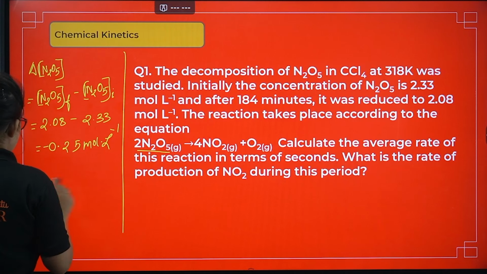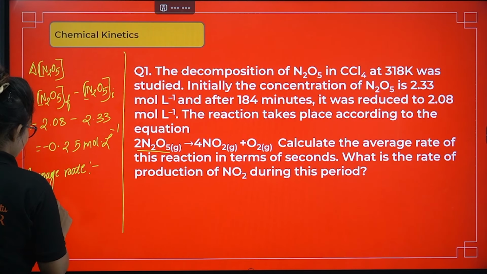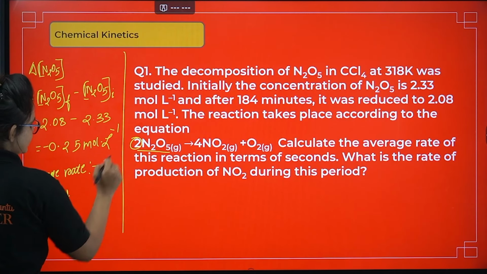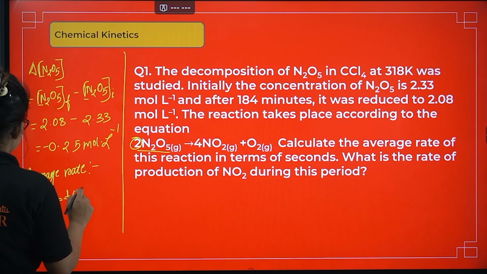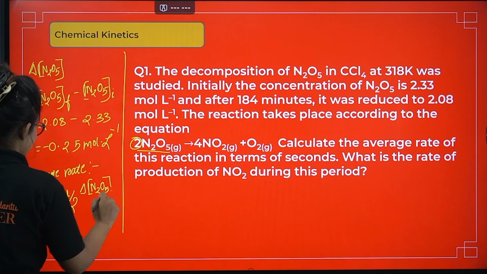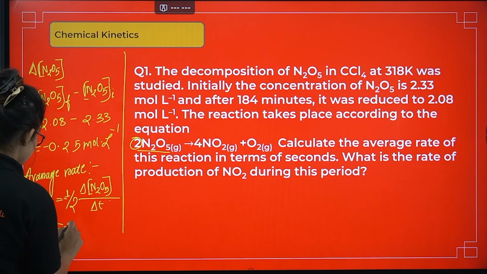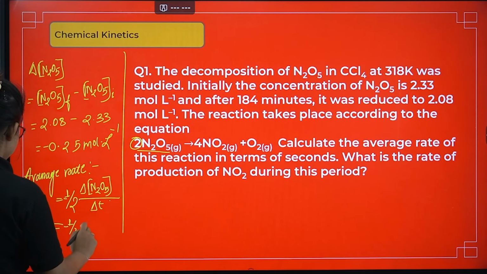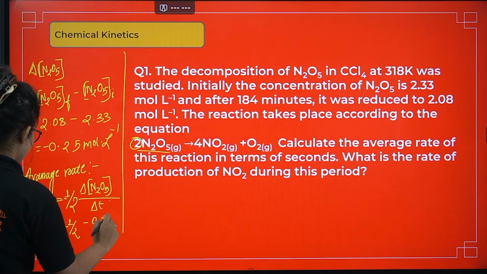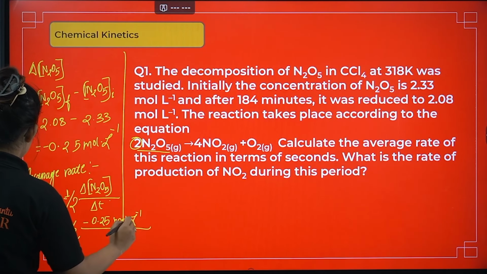Now the average rate, in accordance with the differential rate equation, I am having 2 as a stoichiometry, so minus half into change in concentration of N2O5 by delta T. Let's put the value here, minus 1 by 2 into minus 0.25 mole per liter divided by change in time.